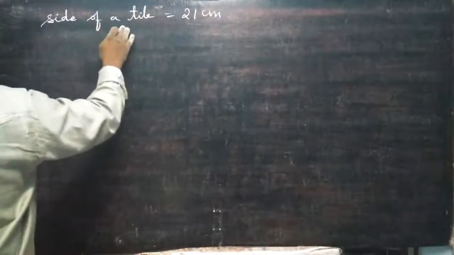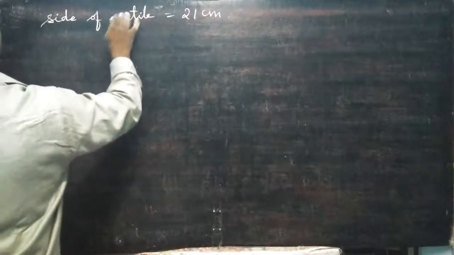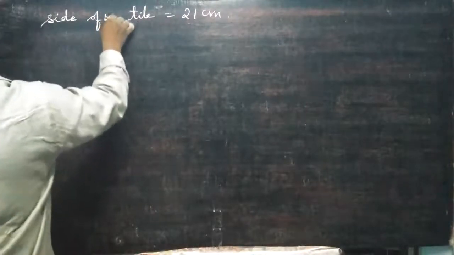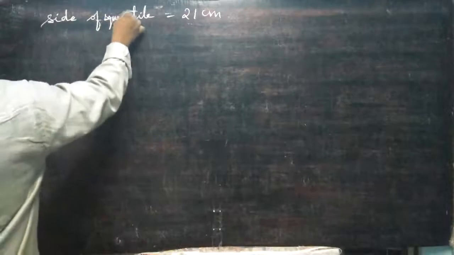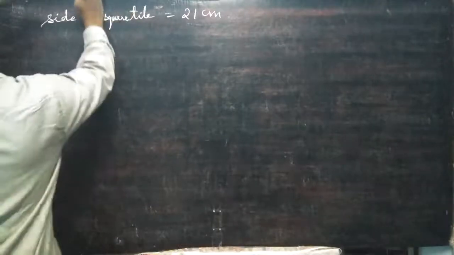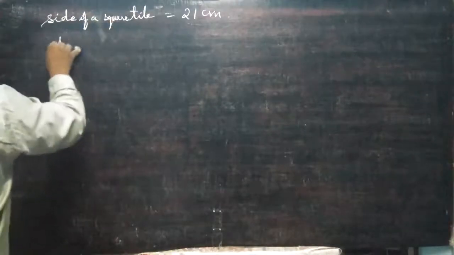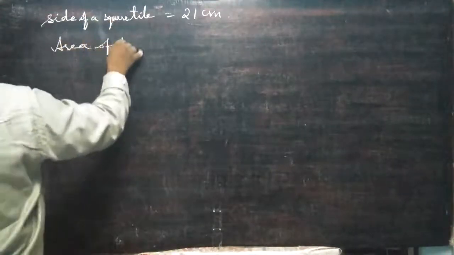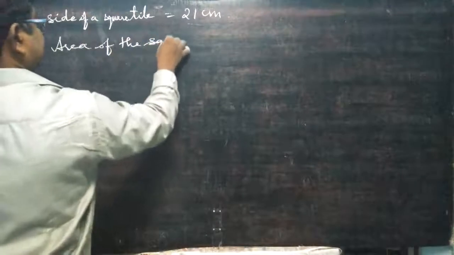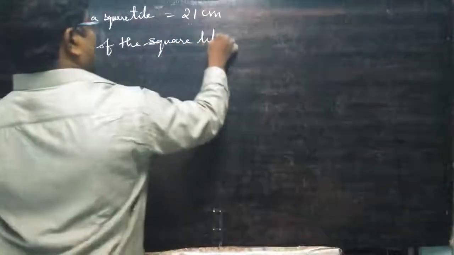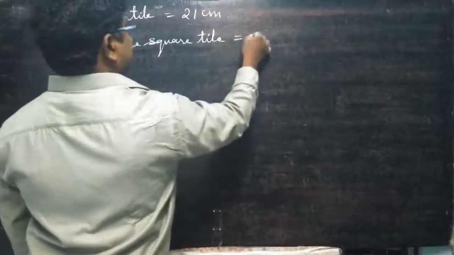Side of a square tile, because the shape is square. Area of the square tile. What is the formula for area?